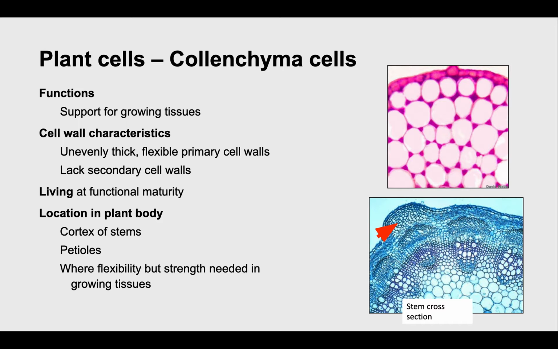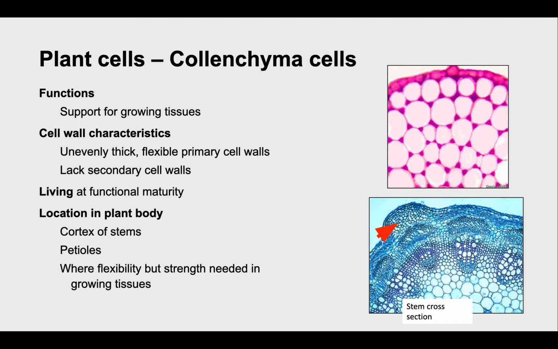If we were to look at an image of collenchyma cells, we might notice that these cell wall characteristics are very uneven, right? They're unevenly thick. So these cells here, we see there's areas where they're very thick, areas where they tend to be thinner, right? So uneven thickness of their cell walls. They typically don't have a secondary cell wall.